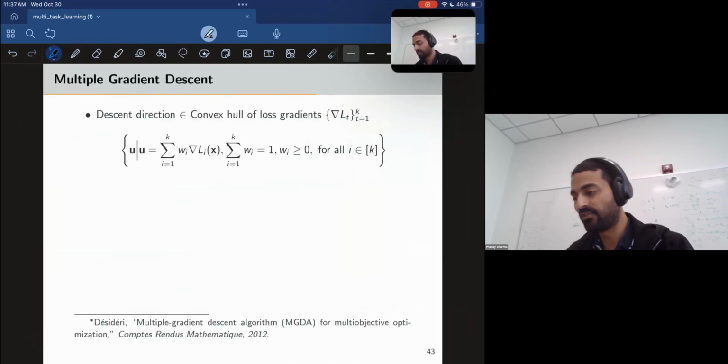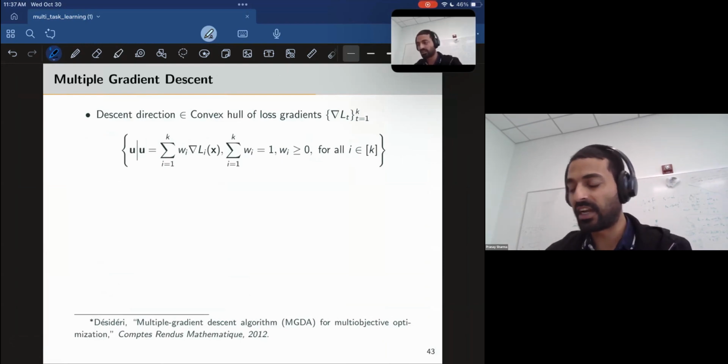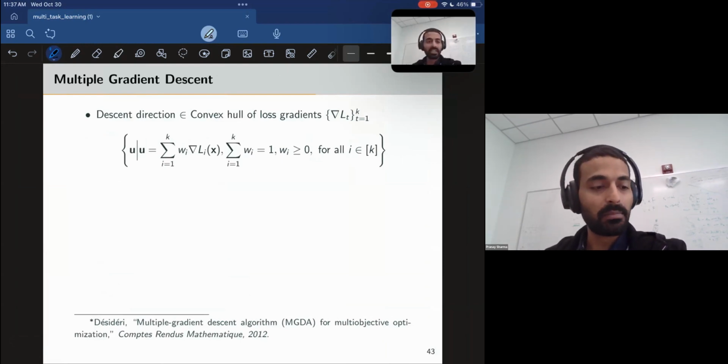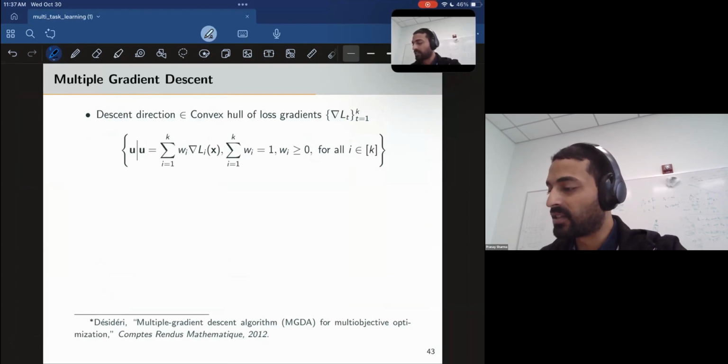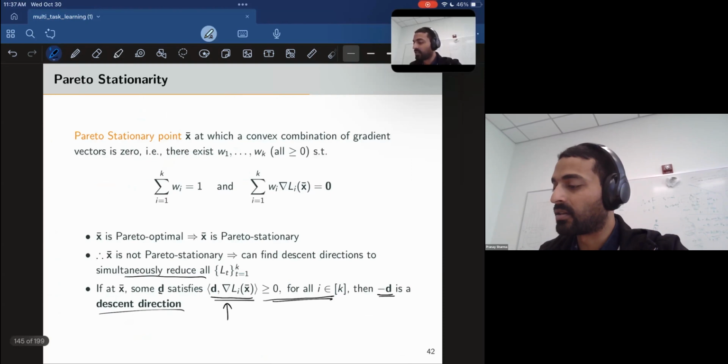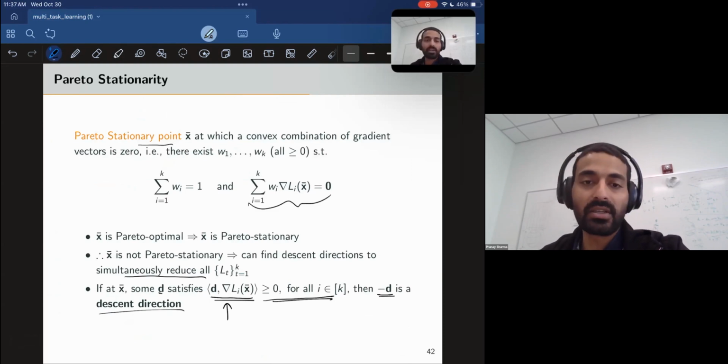And the first algorithm to use this insight was something called MGDA, multiple gradient descent algorithm. As we discussed here, at a Pareto stationary point, this convex combination has to be zero.